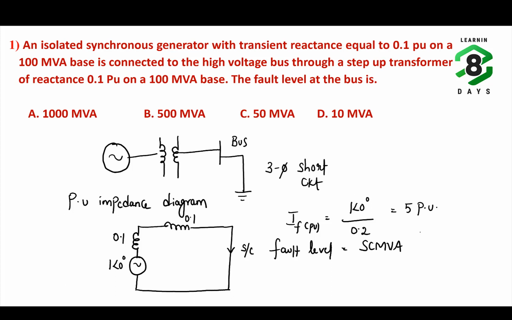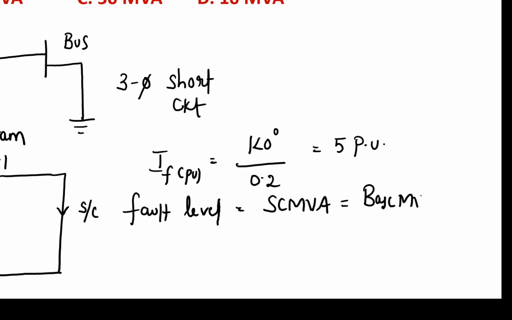The short circuit MVA for a three-phase fault is given by base MVA into IF, the per unit fault current. So what is our base MVA? Since both the machines have a 100 MVA base, obviously our base MVA for the given problem will be 100 MVA. And what is our per unit fault current?